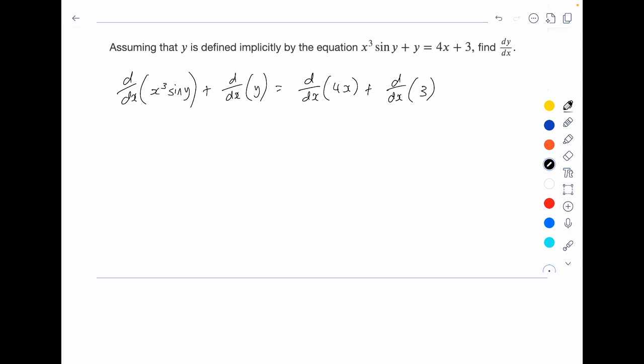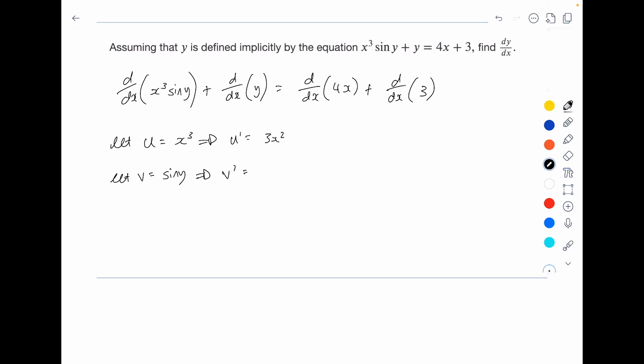Now what we can do is just break this into different parts. So let's attack the big one first. That's this over here. Let u equal x cubed, and let v equal sine y. That tells us that u dash is going to equal 3x squared, and v dash, again, if you don't know the product rule, make sure to check out the video linked below.